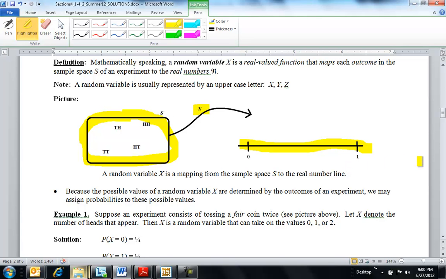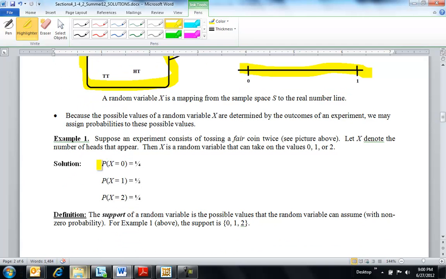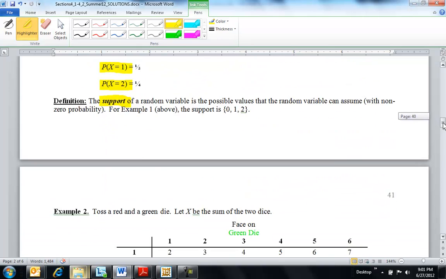So down here, instead of writing the probability of the sample space, I write the probability x is 0, x is 1, x is 2, because these are the only values the random variable can take on that have positive non-zero probability. We call the values that x can take on its support. Almost every time I ask you for a random variable, I will ask you for its support. Otherwise, we don't know where it's defined.